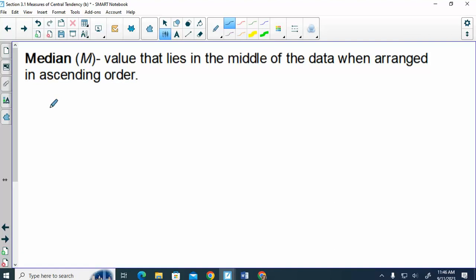That's when you put your data in order from small to large, and you find the one in the middle. So median is the middle as long as our data is in order from small to large.